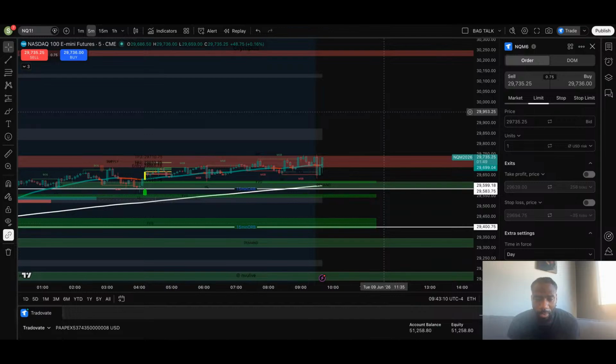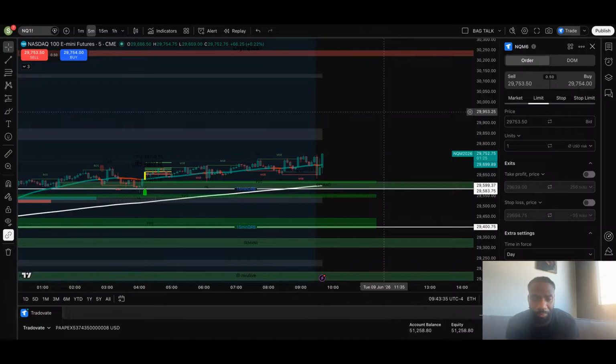The only thing they have to work on is being patient enough to wait for the scanner to call something out, and also understanding greed, meaning you're up, you should take your money when it hits TP1, unless you understand how to be savvy and move your stop loss into profit and trail your trade.